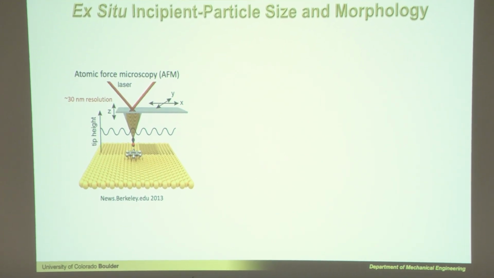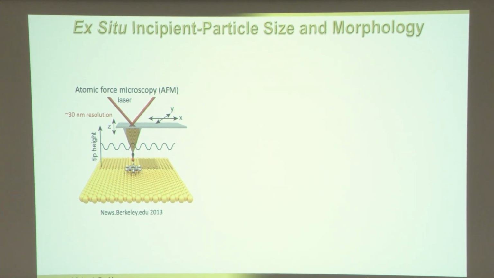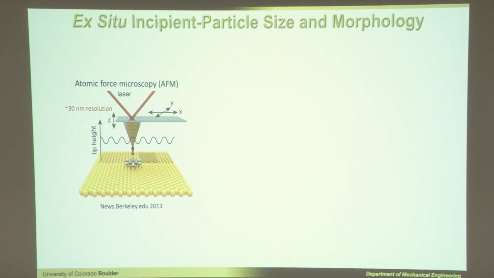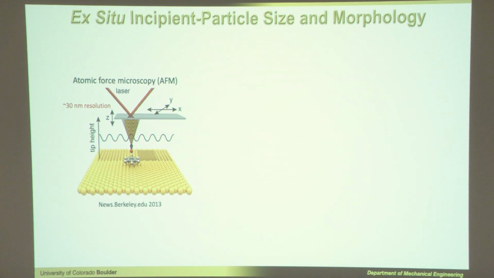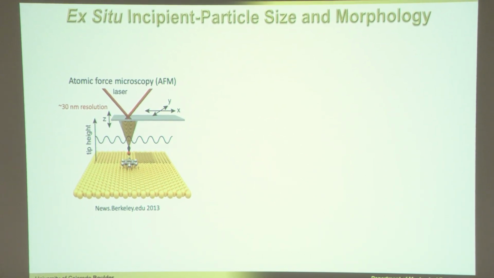And then remember we were talking about atomic force microscopy, right? Where we could actually image the incipient particles and figure out that they seemed to be squishing on our substrate, because if the particles were spherical, then we were seeing them wider than they were tall.